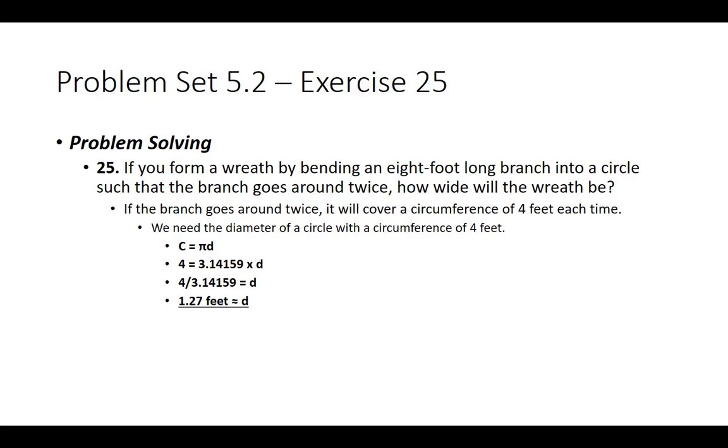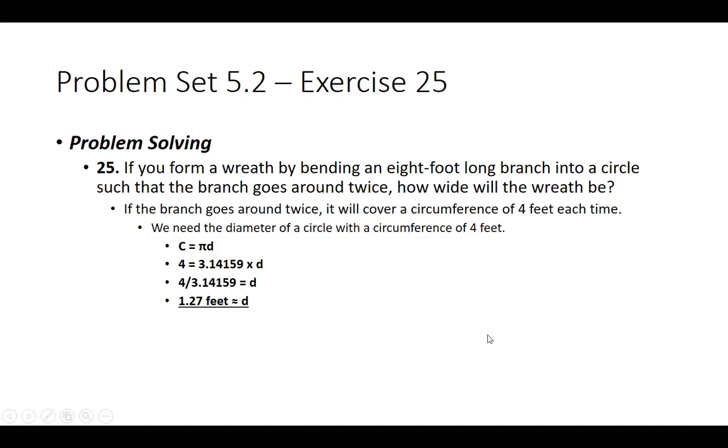If the branch goes around twice and it's an 8-foot-long branch, that means it's going around 4 feet each time. So going around once is 4 feet, going around twice makes 8 feet.